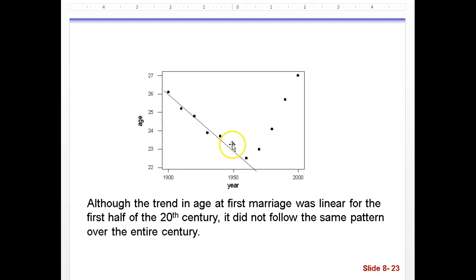I shouldn't be plugging in years that are much beyond 1940, and I shouldn't be plugging in years that are much earlier than the year 1900, because we don't know what happens to that relationship outside of those values of x. So just be careful in doing this. You really don't want to be plugging in values much outside, as I said, the range you used to get the data in the first place.